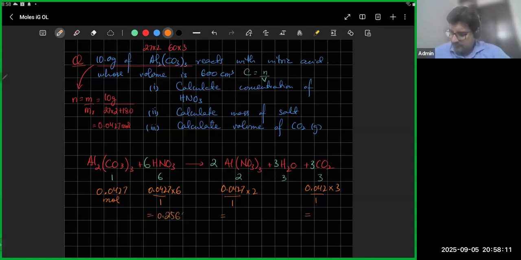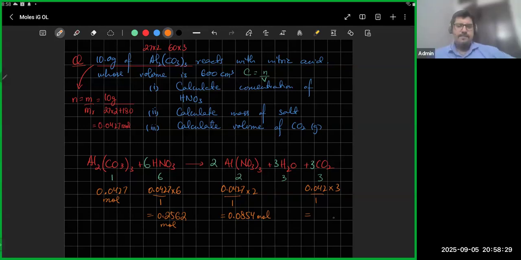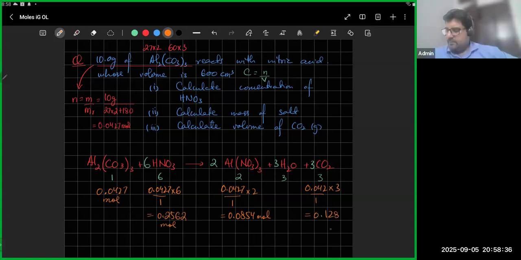Okay, next one. So that's these moles. What's the next one? AlNO3 size का 0.0854. 8 times 3. What is this? 0.1281. ठीक है.